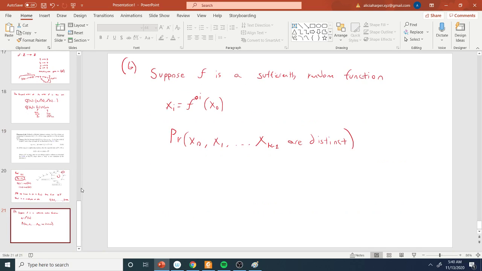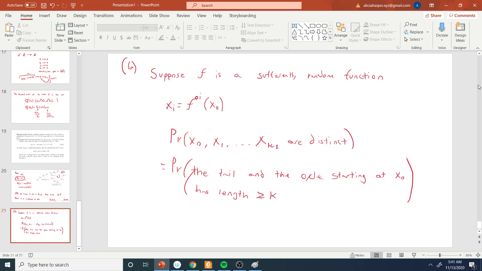I want to find out what the expected size of the tail and the cycle are. And so what this is saying right now is really the same thing as the probability that the tail and the cycle starting at x naught has length greater than or equal to k.